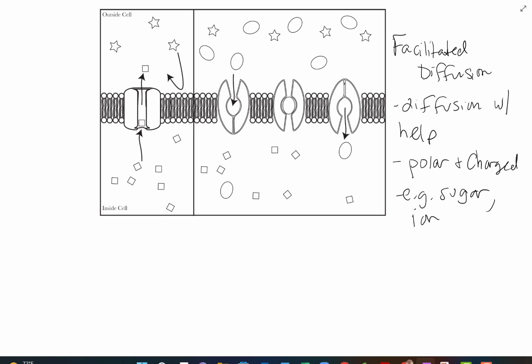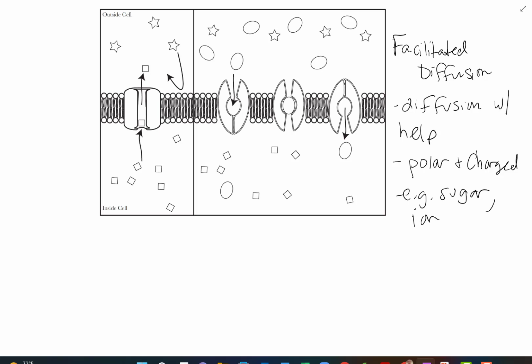And because these things have charge, they're not going to be able to pass through the nonpolar fatty acid tails. So to get through the plasma membrane, they're going to have help. And help in this case comes in the form of a protein.